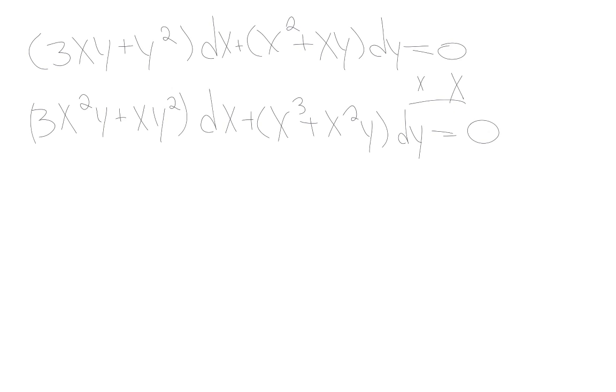And in my previous videos, I recommended that the first step in solving an exact differential equation be to integrate the more complex looking of the two multivariable functions. So in this case, this function right here that I'm circling in red, 3x squared y plus x times y squared, looks a little bit more complicated to integrate. So that's what I'm going to do. I'm going to integrate this with respect to x.